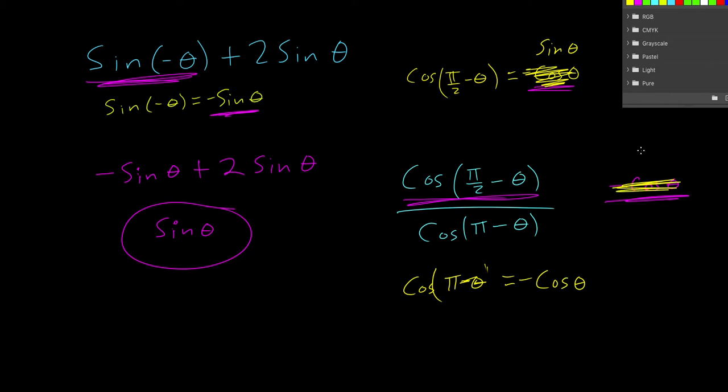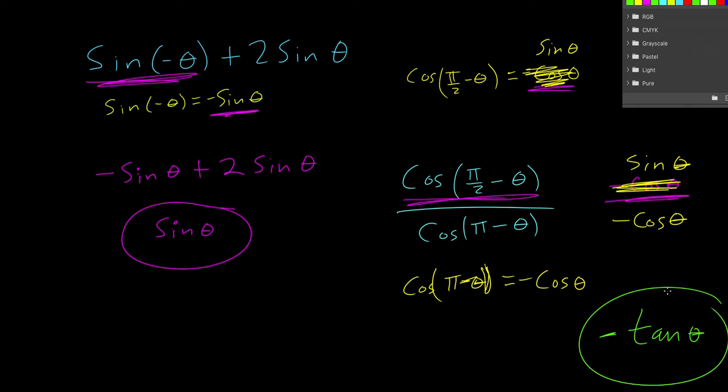So this one is just sine. Sorry, when I was looking over at the thing, I messed up. Okay, so this one is true, and then we get negative cosine theta. Okay, now if we do sine over cosine, that's tangent. And then since it's negative, we're just going to put a negative out in front.